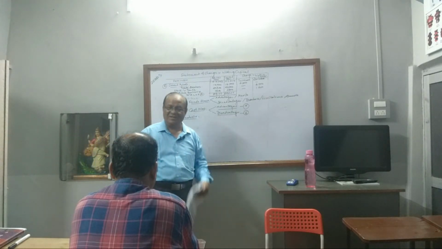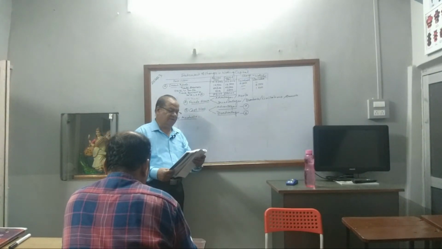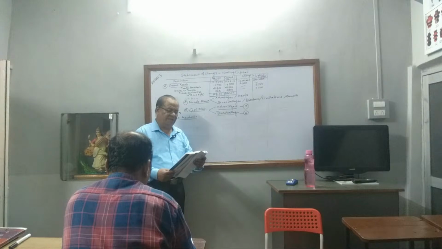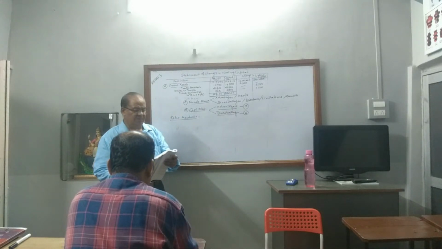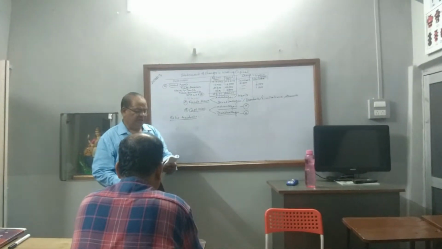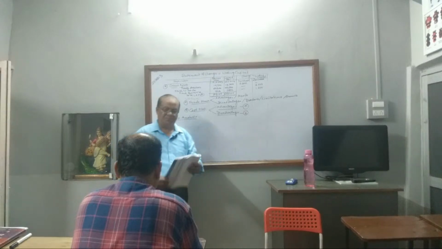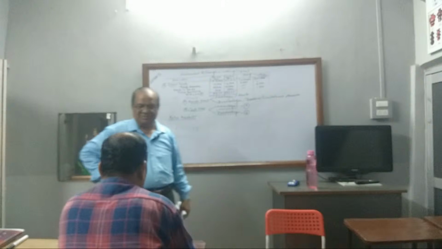Just see, it is mentioned here: ratio is calculated by dividing one figure by the other figure. It may be expressed in any of three ways: times, proportion, percentage, according to convenience or suitability. Got it? This is called ratios.